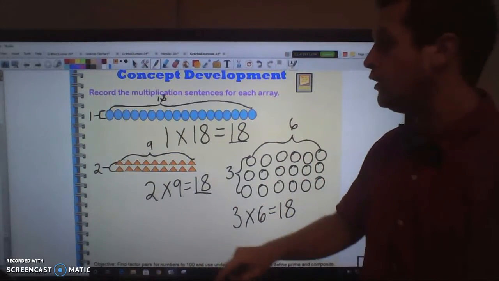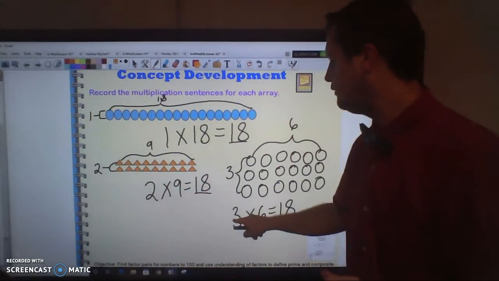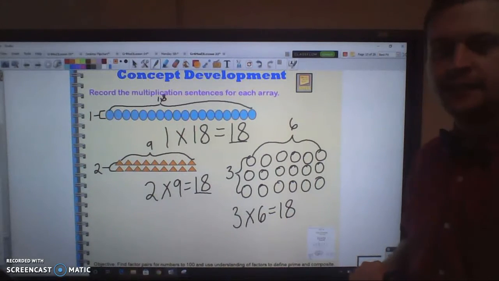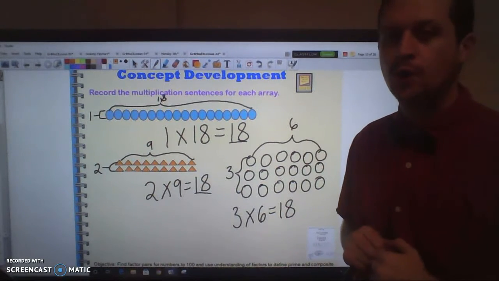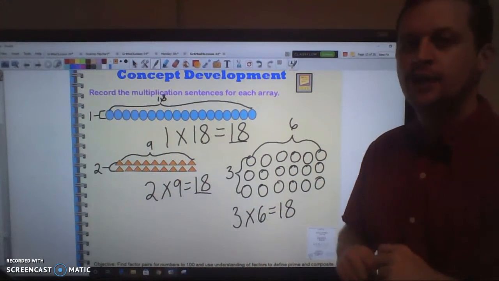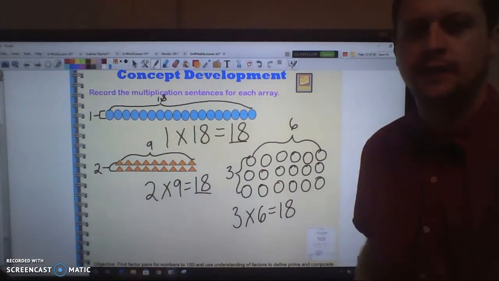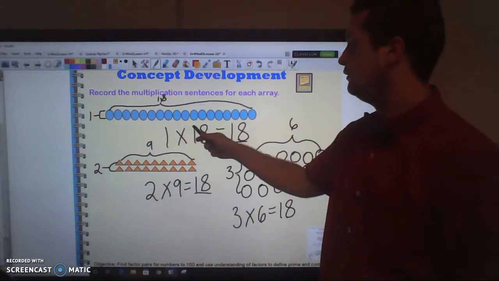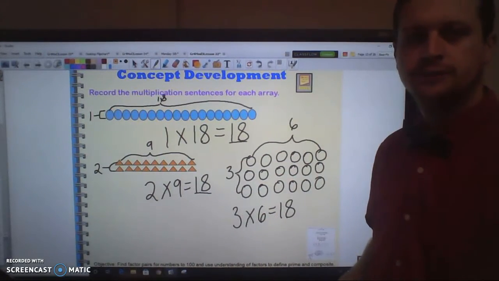You're going to fill in the blank. 1 and 18, 2 and 9, 3 and 6 are all factors of 18. And because this has more than 2 factors, it is composite. Okay, so again, more than 2 factors, it's composite. And this one has a total of 6 factors.